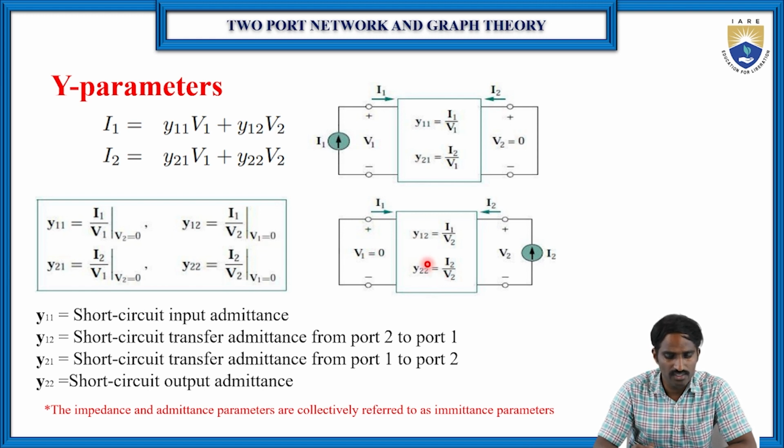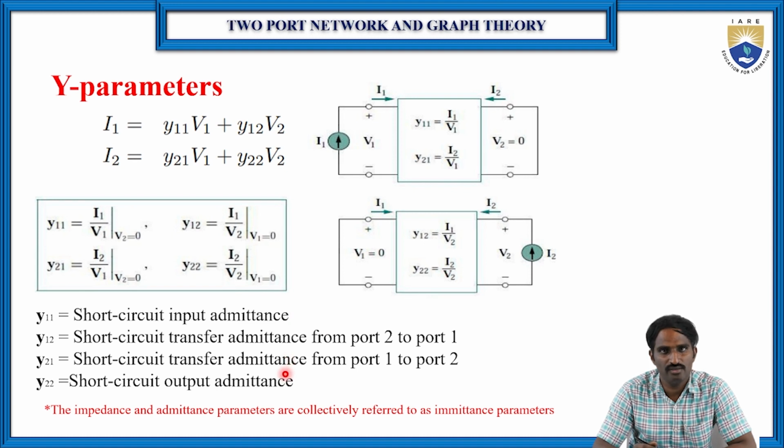So by using these equations, we can find the various admittance parameters, which are Y11, Y12, Y21, and Y22. One important point is that the impedance and admittance parameters are collectively referred to as immittance parameters.